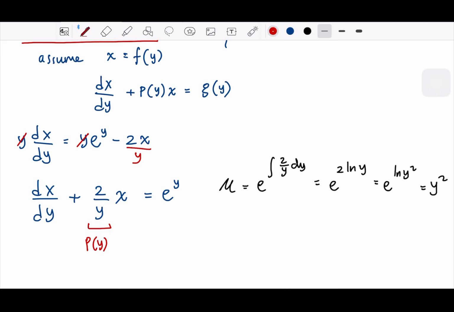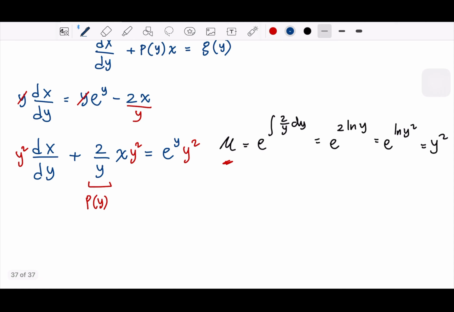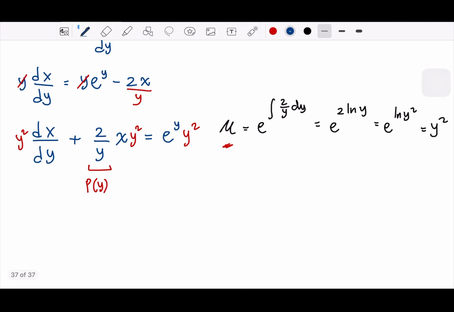So this integrating factor, we can simply multiply by y squared on both sides, and then we have the product form.